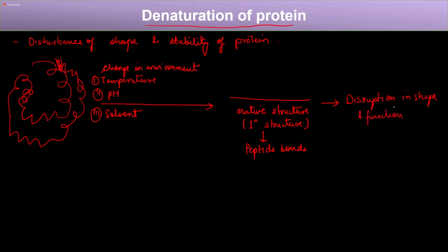This state is known as denatured protein. So this is what I mean by denaturation of protein, and it happens by change in environment such as temperature, pH, and solvent.